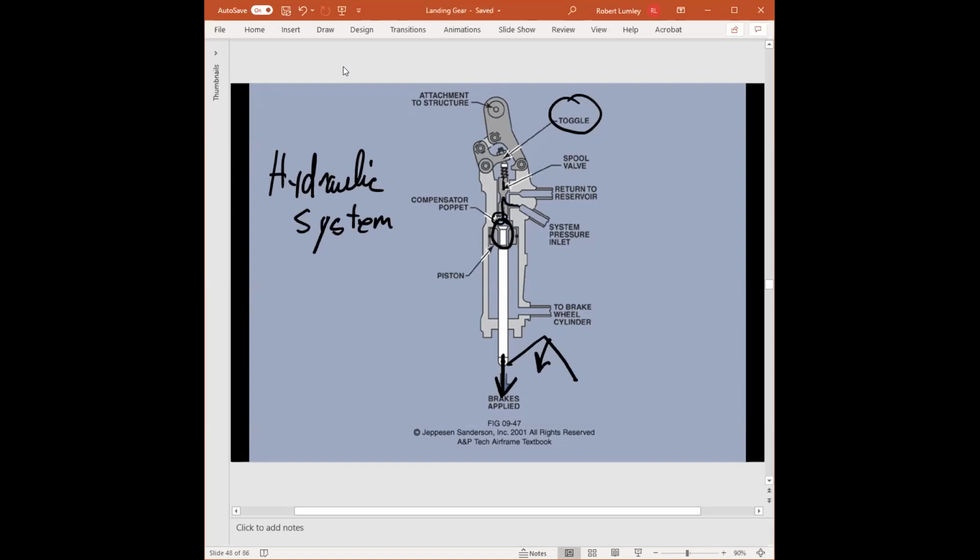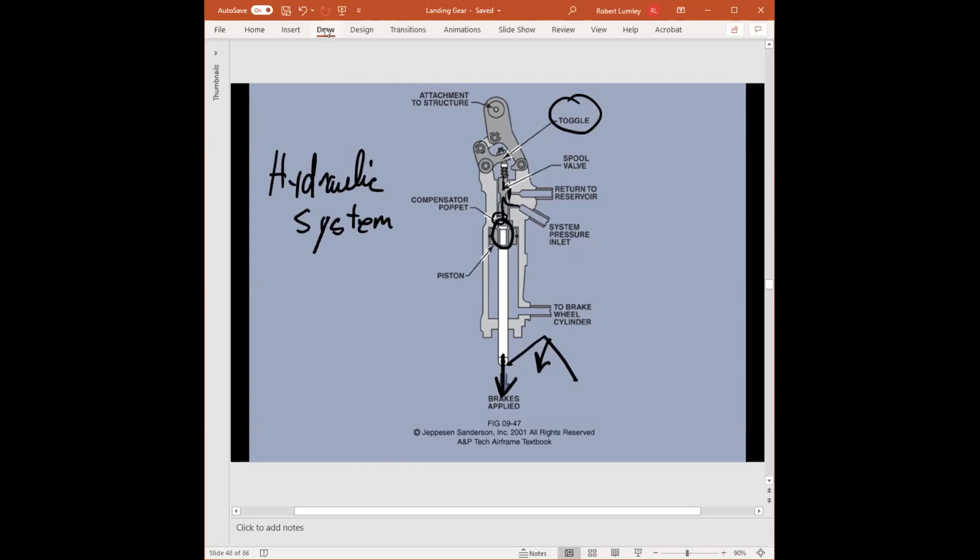The return to the reservoir has now been blocked off by the top of the spool valve. So now we have additional pressure going to the brake, and this is what's known as a boosted brake system. A boosted brake system uses system pressure to aid the pilot in applying pressure to the brakes.